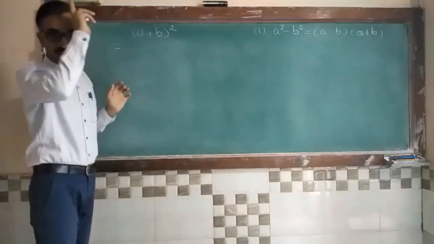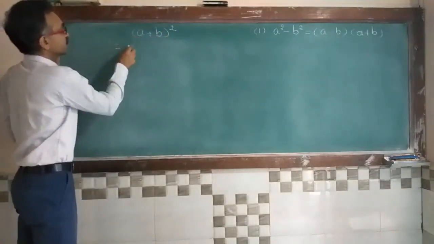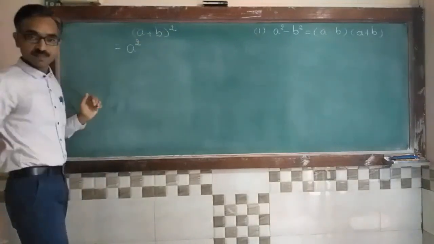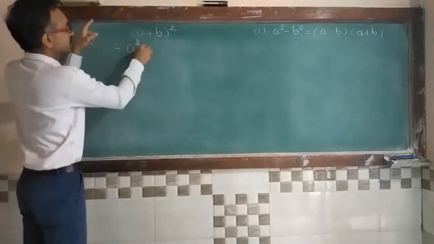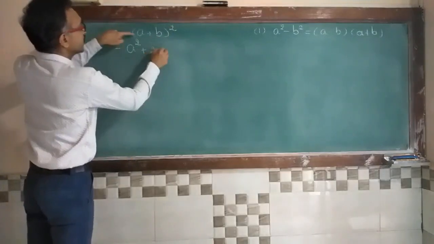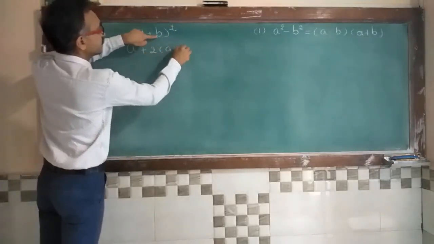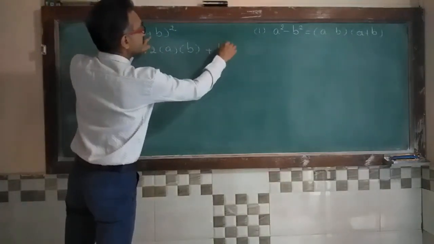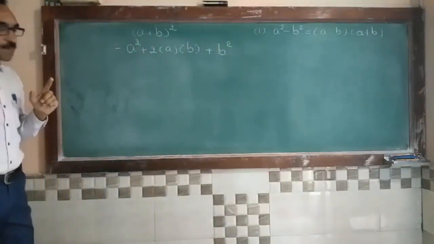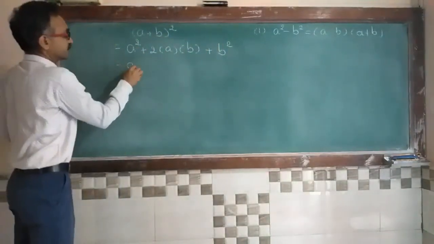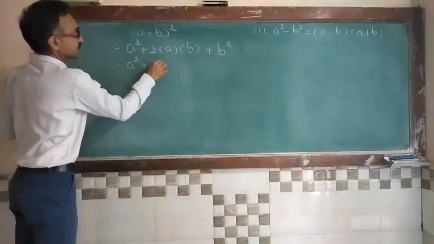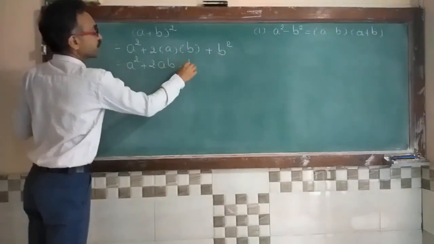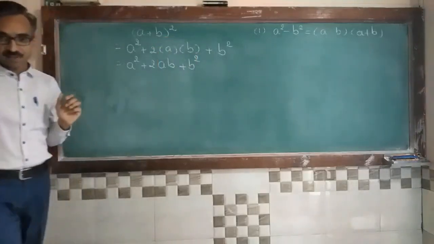The last term is always plus. So first one is a square, plus 2 into a into b, and plus b square. So the answer is a square plus 2ab plus b square.